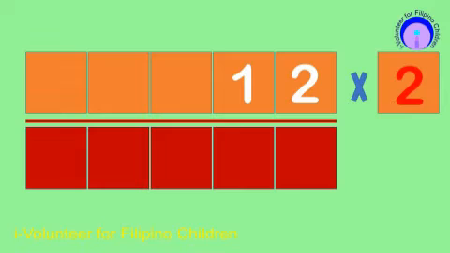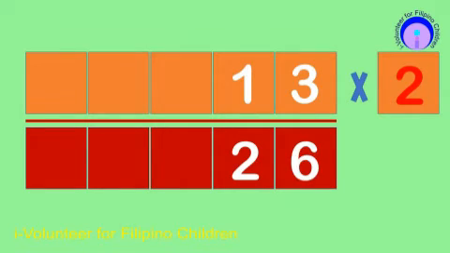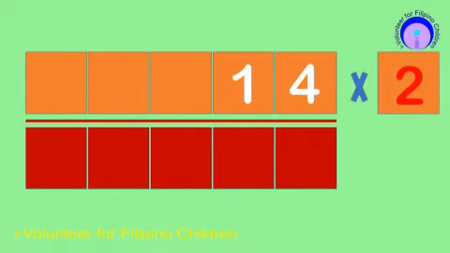Please take note that digits which are not 5 and above, you don't need to worry. The answer is just double the digits, 24. Please take note that digits which are not 5 and above, you don't need to worry. Just double the digits. The answer is 26.